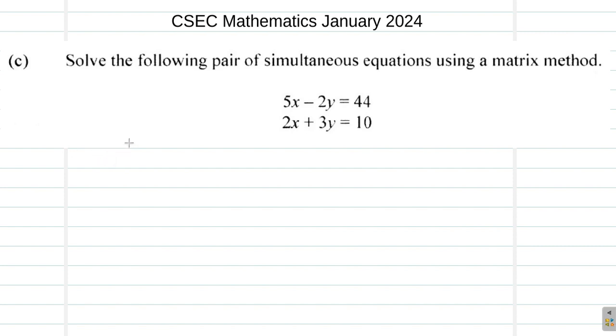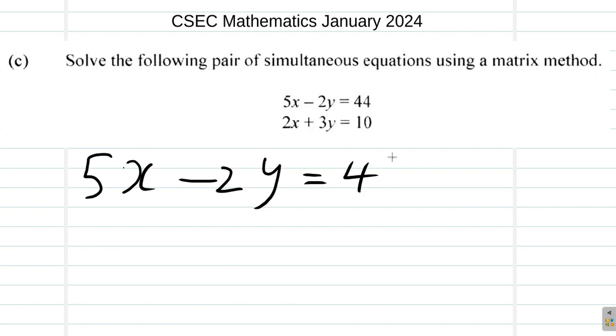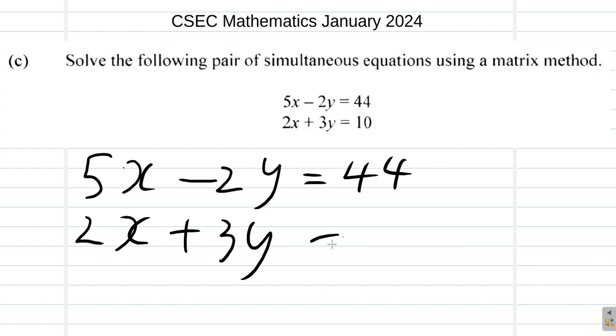First, you must write them down in matrix form. 5x minus 2y equals 44. Let me just rewrite them. 2x plus 3y equals 10.